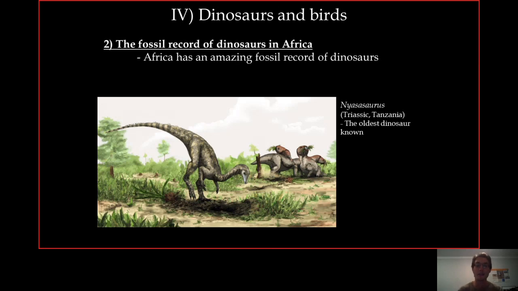Africa has an amazing fossil record of dinosaurs, including probably the oldest dinosaur known, although it's quite debated, of course, because the material is not perfectly preserved, and there's always some debate on who's got the oldest dinosaur. But one of the candidates, and the most favored candidate, is Nyasasaurus from the Triassic of Tanzania. So this would be the oldest dinosaur, the first dinosaur that ever lived.